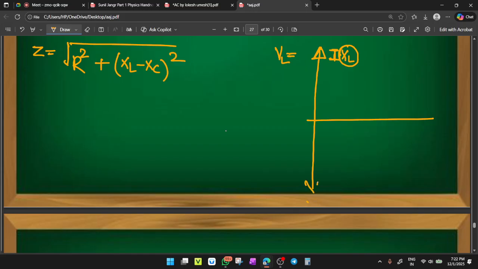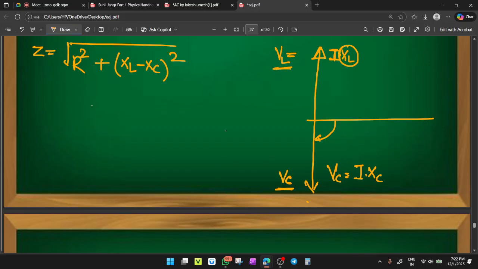Similarly, the voltage for the capacitor lags behind the current by 90 degrees. So VC equals I into XC. So the values of VC and VL actually depend on XL and XC.